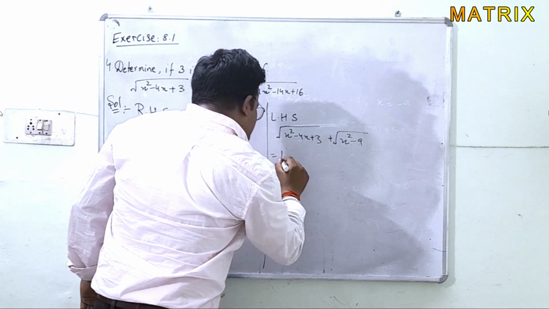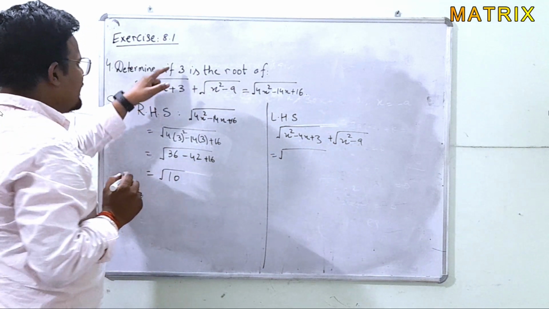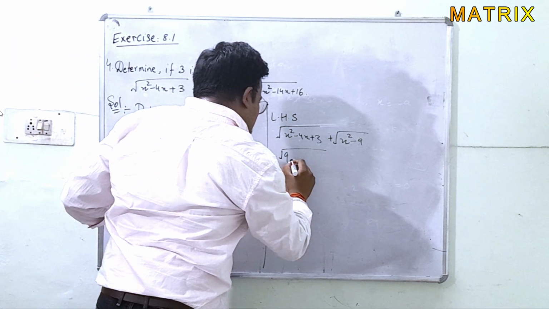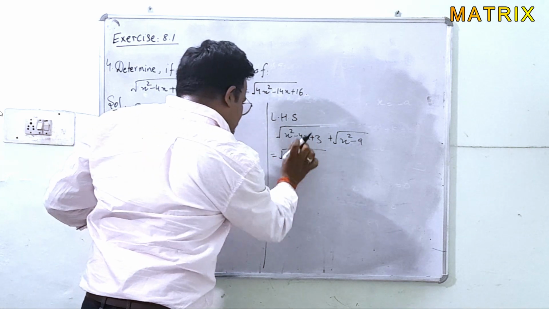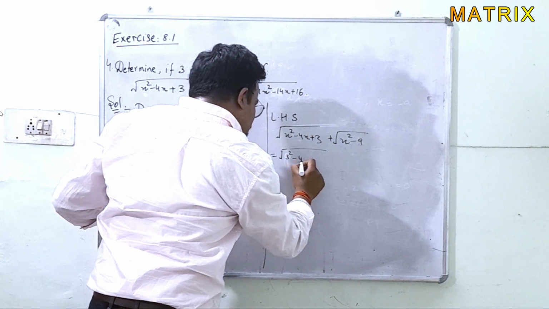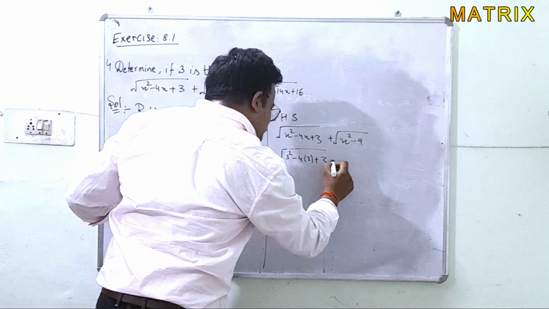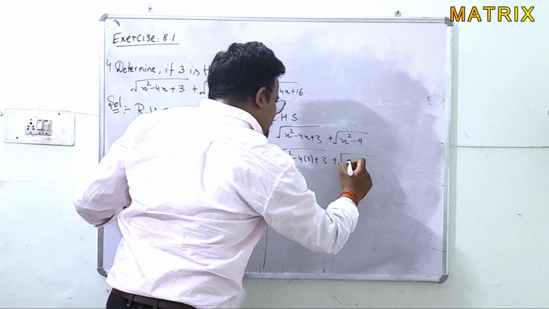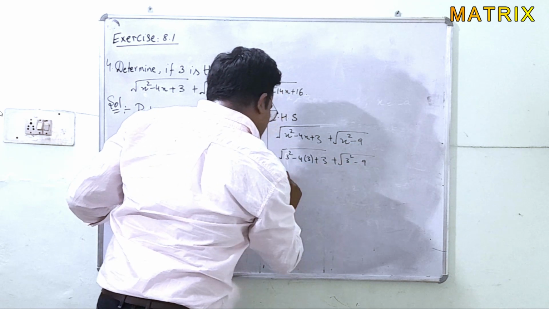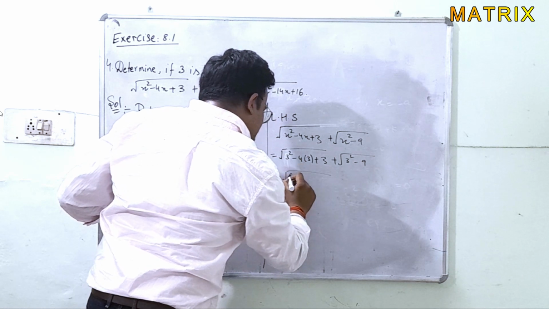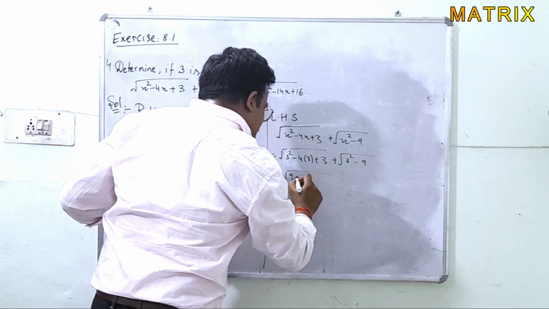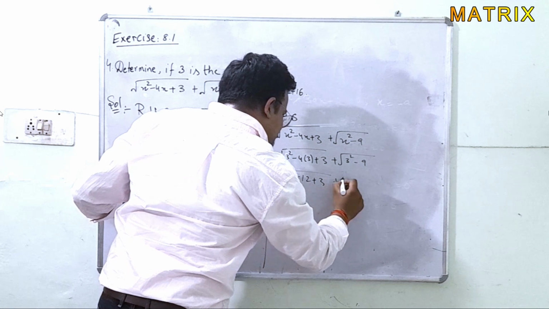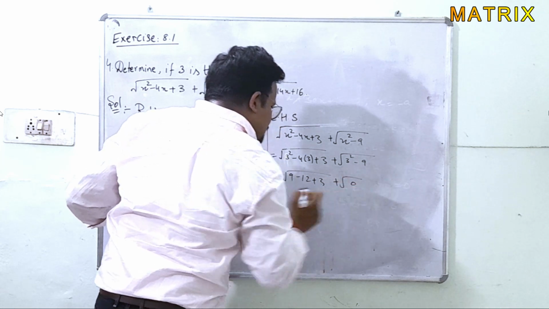Yes. So this is square root of x square, that is 3 square, that is 9, or you can write it over here. 3 square minus 4 into 3 plus 3 plus, and this x square will be 3 square minus 9, and this is equal to 3 3s are 9, 9 minus 12 plus 3, and this is equal to 9 minus 9, that is 0.